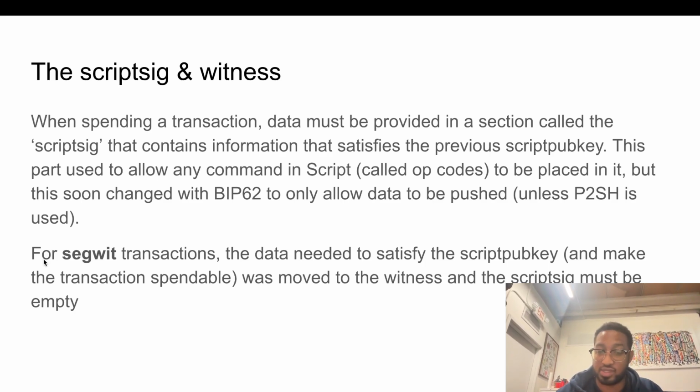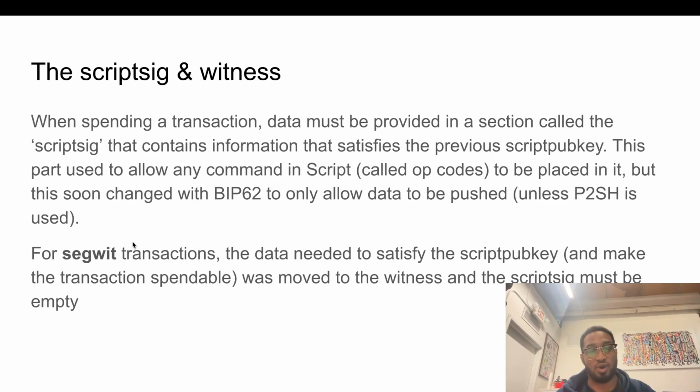So for SegWit transactions, this is a little bit different, but the data needed to satisfy the script pub key, so any unlocking data needed to satisfy the script that you specify in your output was moved to the witness, and the script sig must be empty. And I'll go more into that a little bit later.